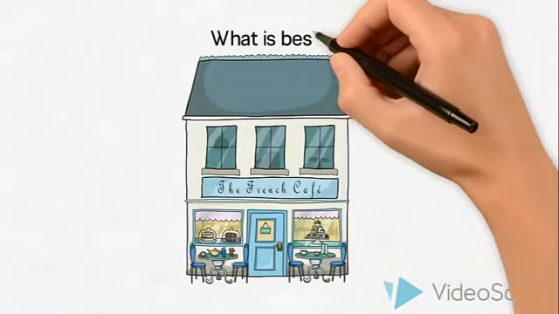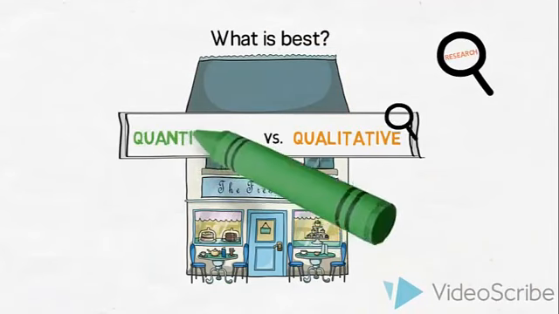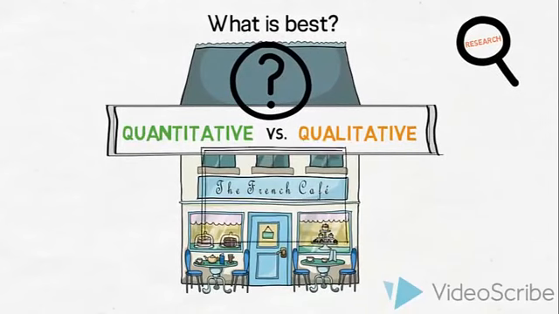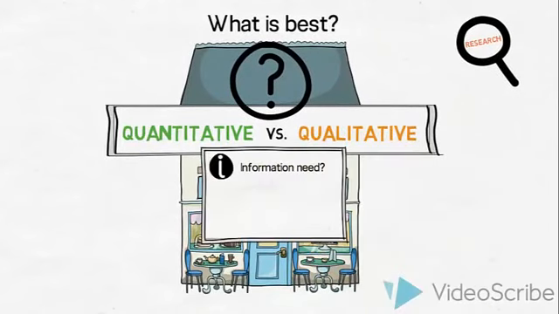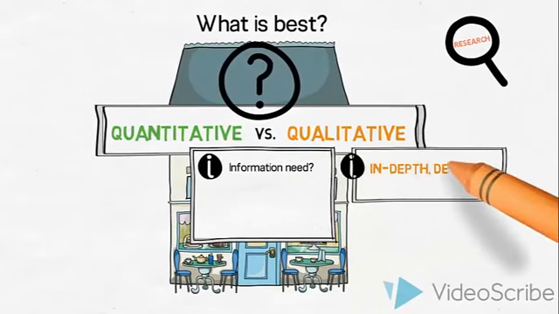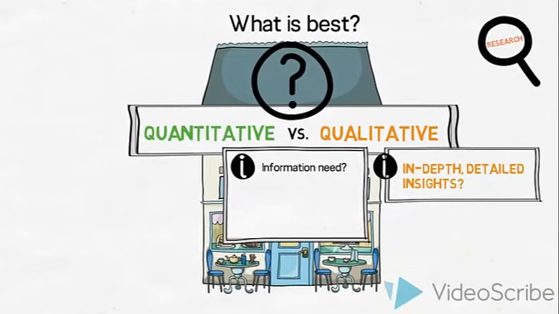So what is best? Should the French Café conduct qualitative or quantitative research? As marketers, we would advise them to consider what type of information is important for them to make decisions upon. Do they want in-depth and detailed insights into what some of the customers think and feel?